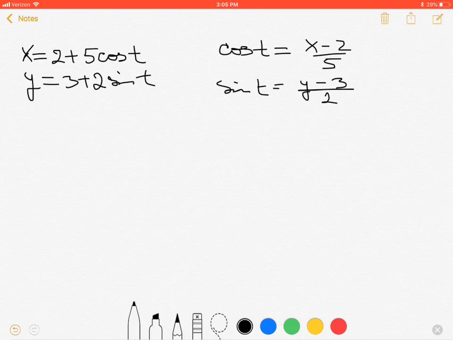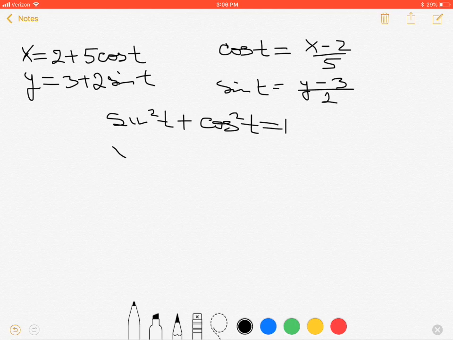Here we need to remember the trigonometric identity: sine squared t plus cosine squared t equals 1. We use whatever identity is comfortable for us. Maybe it will be secant, maybe tangent. It depends on what you have. Here this is a very simple example.